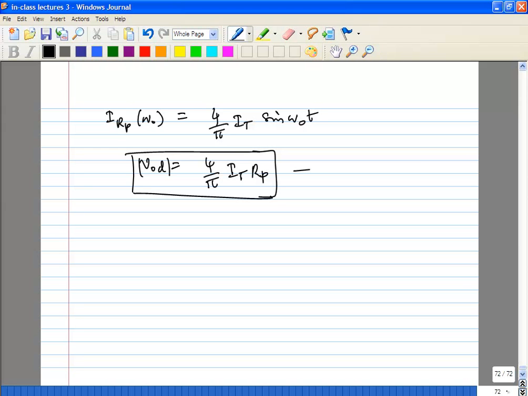So this is actually double. In the other case we got 2 over pi IT RP. So that's it for the cross coupled oscillator.